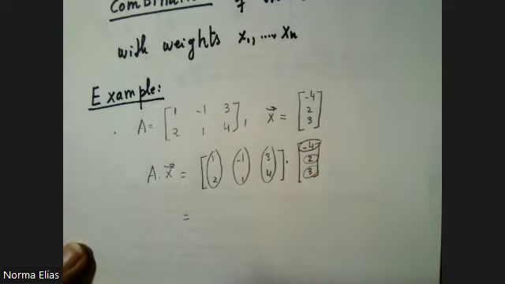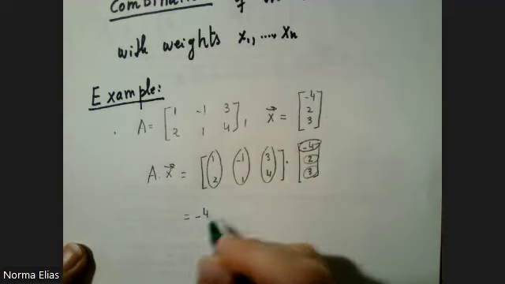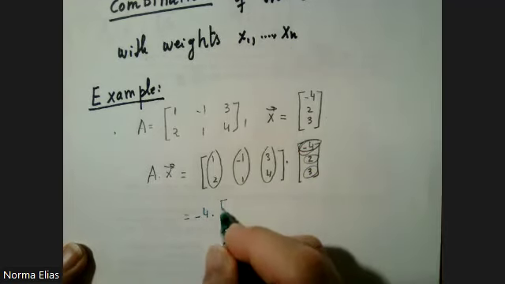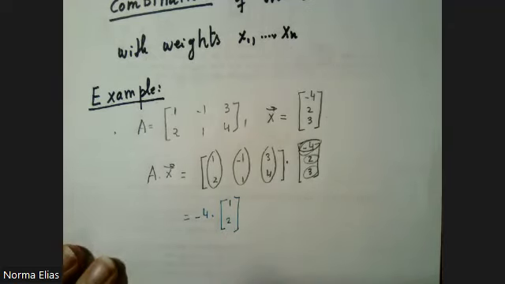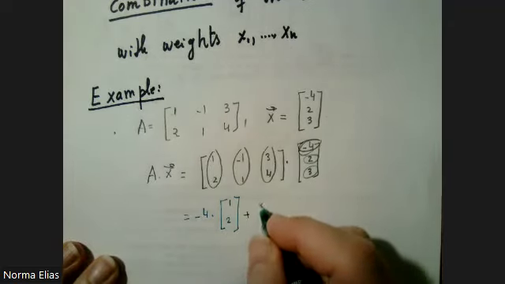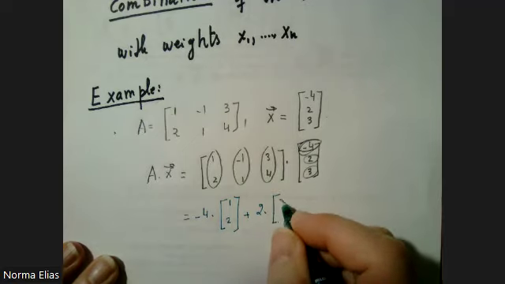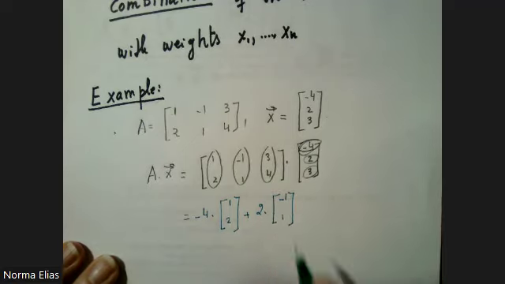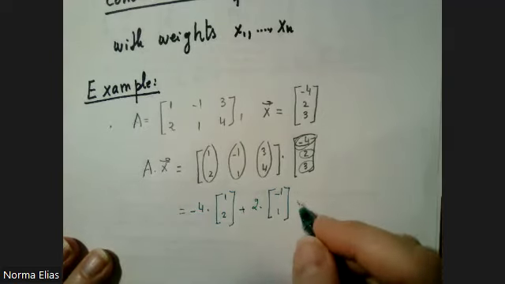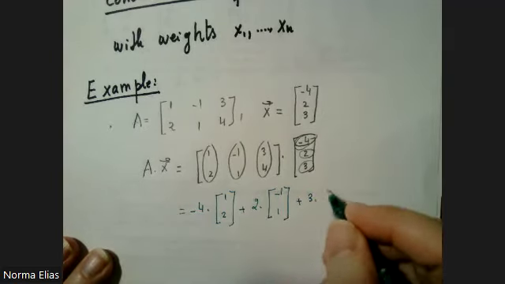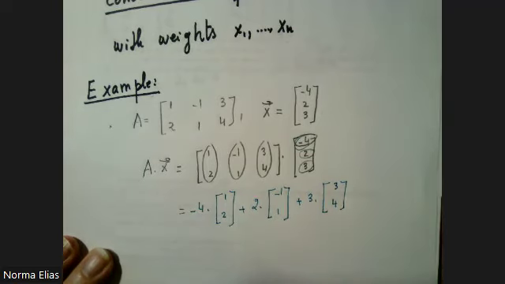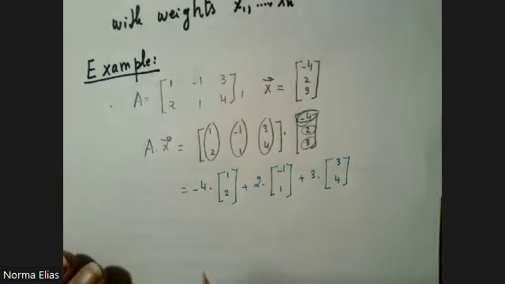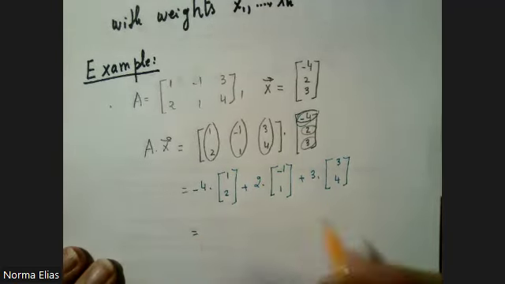So this is going to be equal to minus 4 times the vector 1, 2, plus 2 times the vector minus 1, 1, plus 3 times the vector 3, 4.